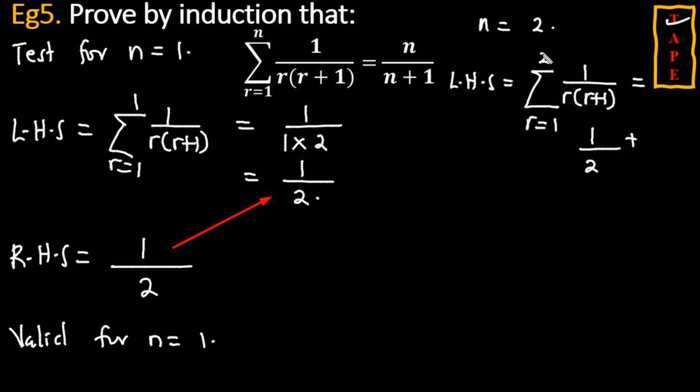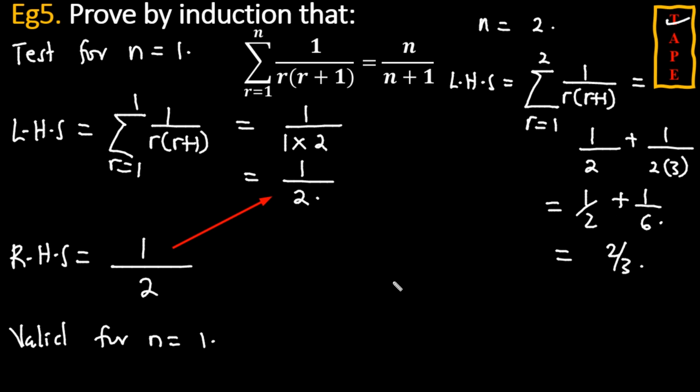Then plus, when we substitute 2 here, we shall have 1 into 2 into 3. So this simplifies to a half plus 1 over 6. And when we add a half onto 1 over 6, we shall get 2 over 3. This is the left hand side.